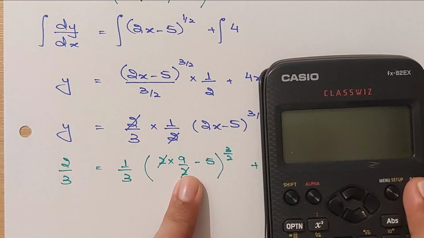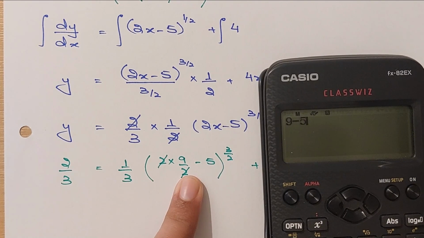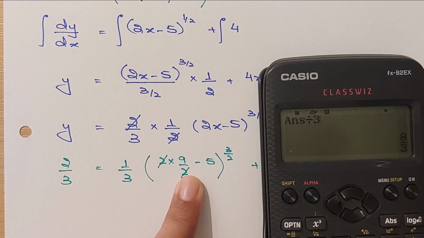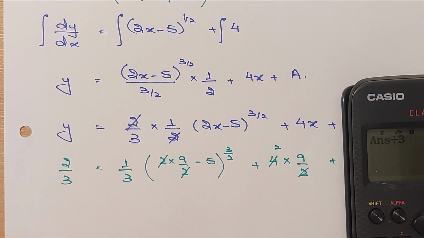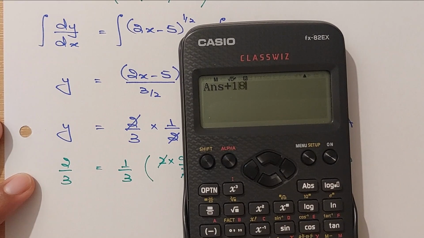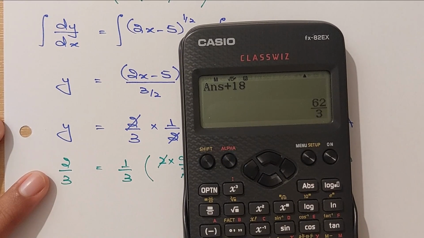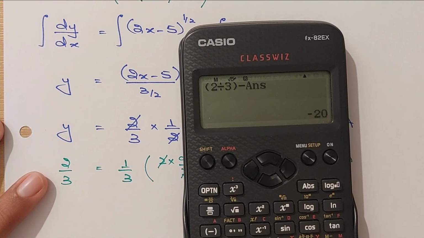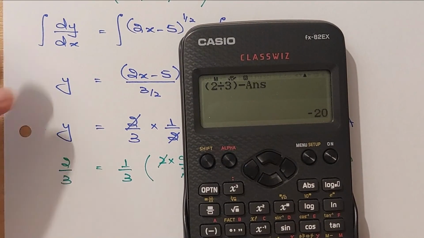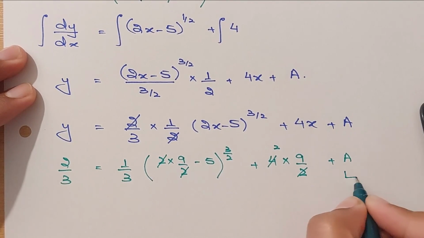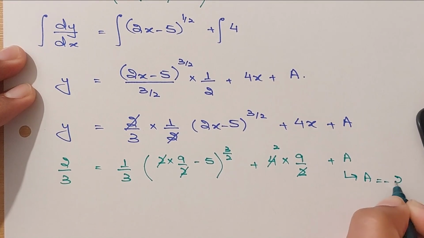Okay, so again we have 9 minus 5 is 4, and 4 to the exponent 3/2 is 8, divided by 3, right? And then plus 18. And 2/3 minus that answer is negative 20. So this time the constant of integration a value is minus 20.